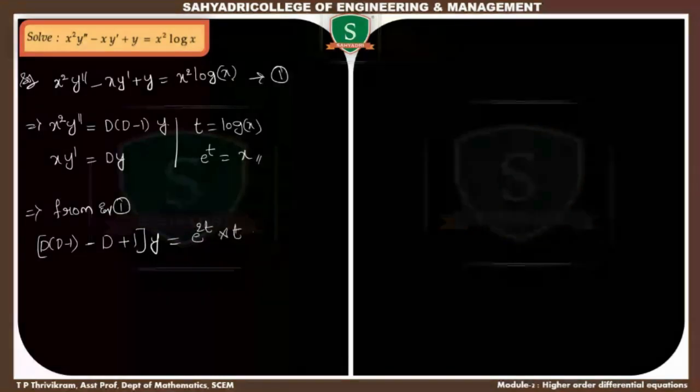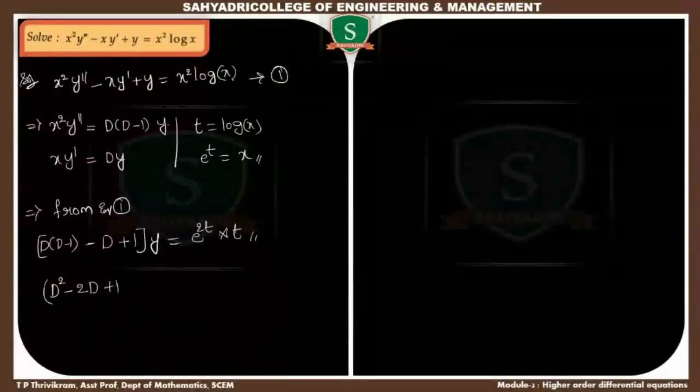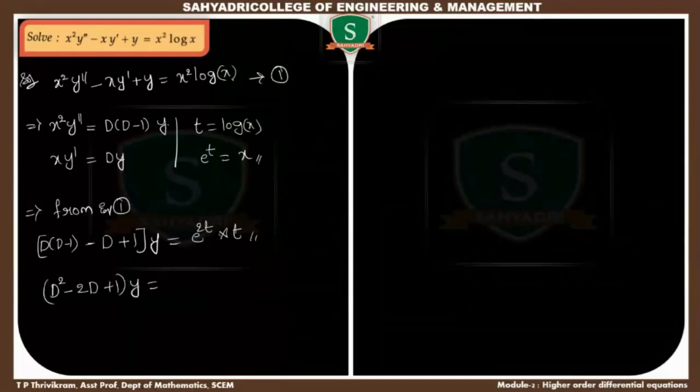So e power 2t into t. So D square minus 2D plus 1 into y is equal to e power 2t into t.